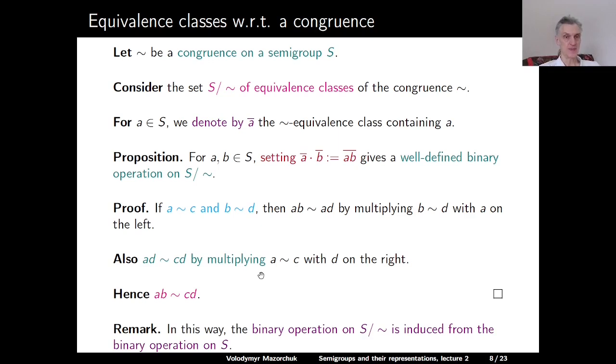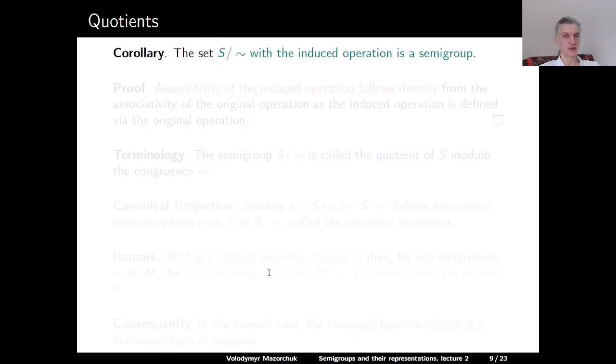And in this way, from this proposition, it follows that we have a binary operation on the set of equivalence classes, which is induced from the original binary operation on S. And of course, we get the corollary that the set of all equivalence classes with respect to this induced operation is a semigroup.